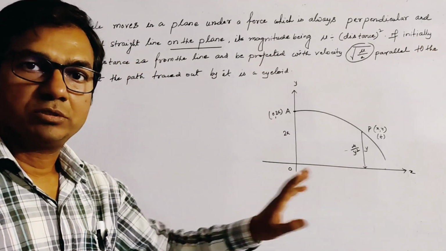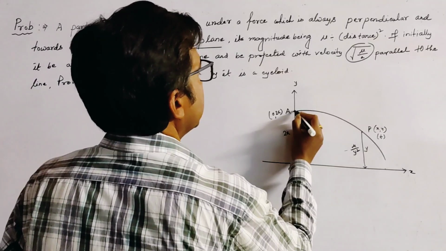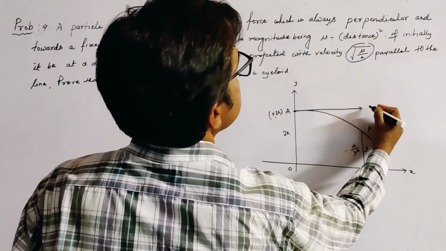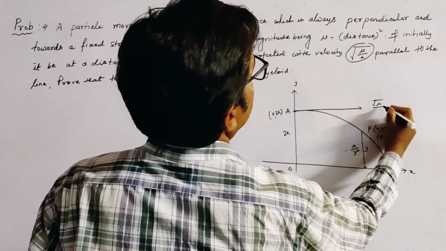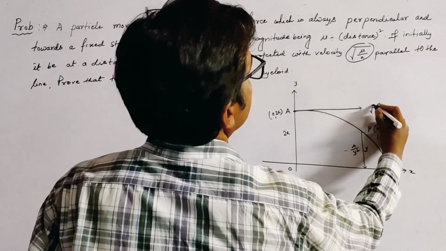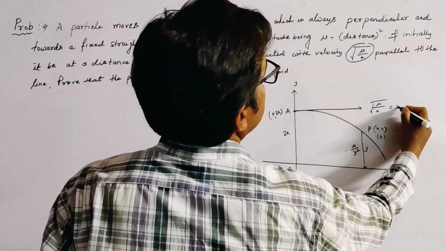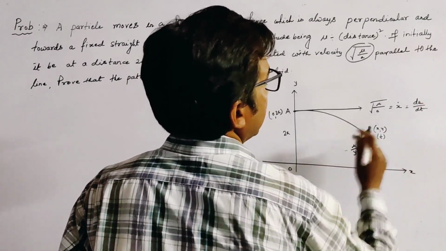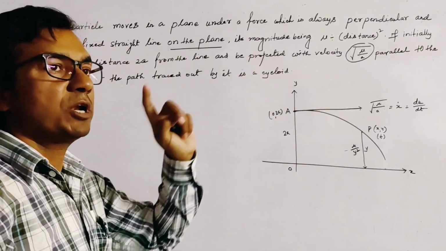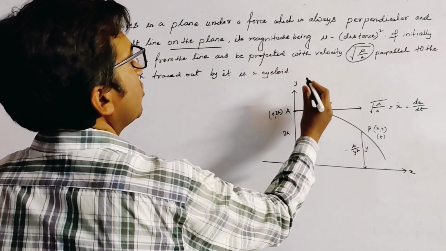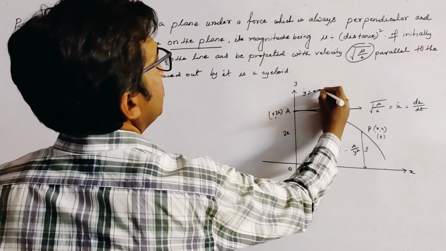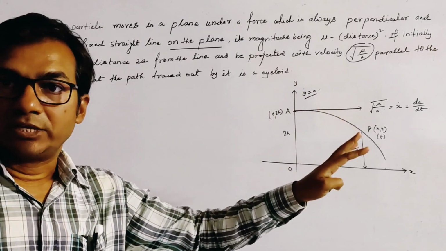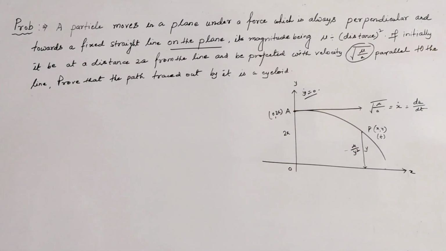Here the initial velocity is parallel to the fixed line, and the initial velocity is root mu by a, and this is obviously x dot, because this is the only velocity parallel to the x-axis. There is no velocity parallel to the y-axis, so the initial velocity along the y-axis, y dot, is equal to 0. This velocity can be used as an initial condition to find the integrating constant.